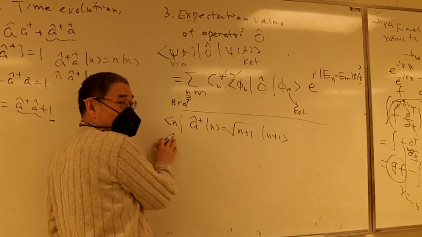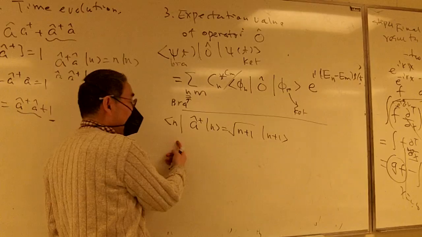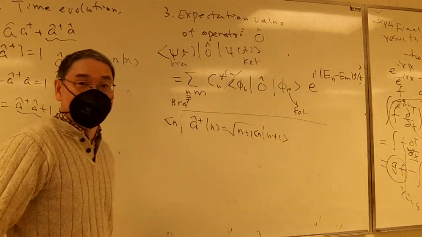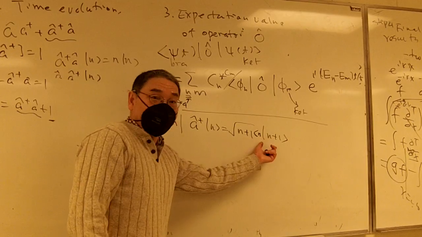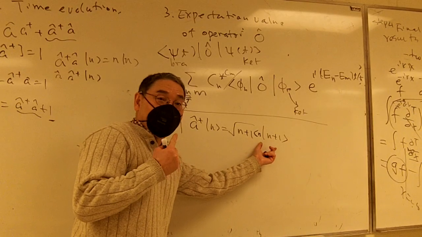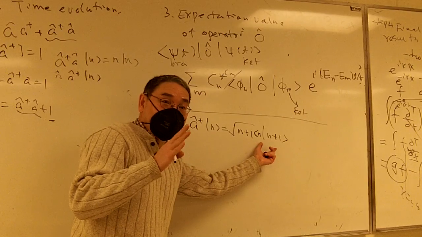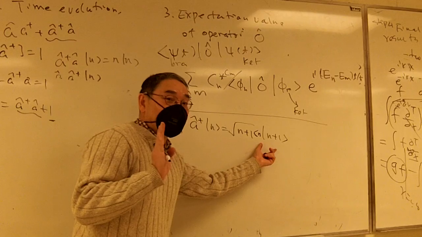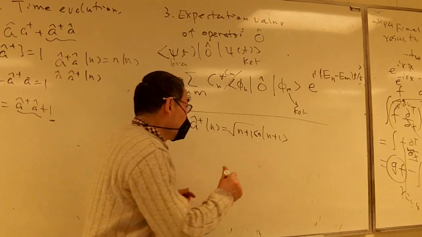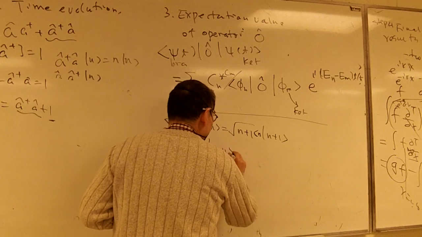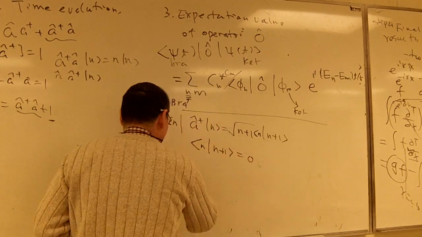If I put the diagonal on the left vector n, then this will be on the left vector n. Look at this one here. This is 0, because different eigenstates are always orthogonal to each other.